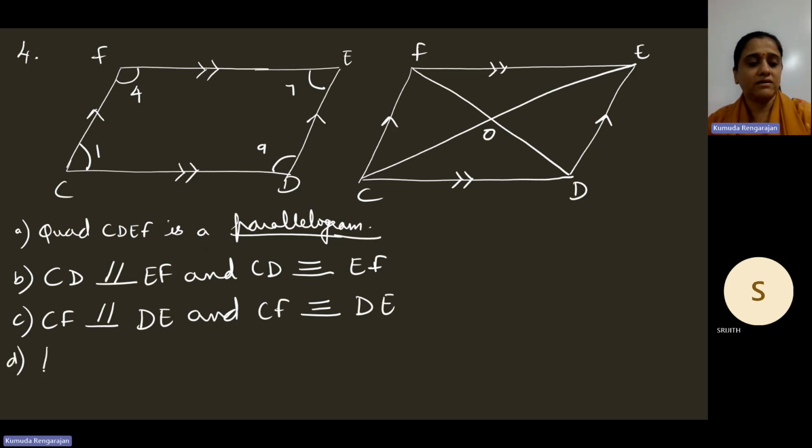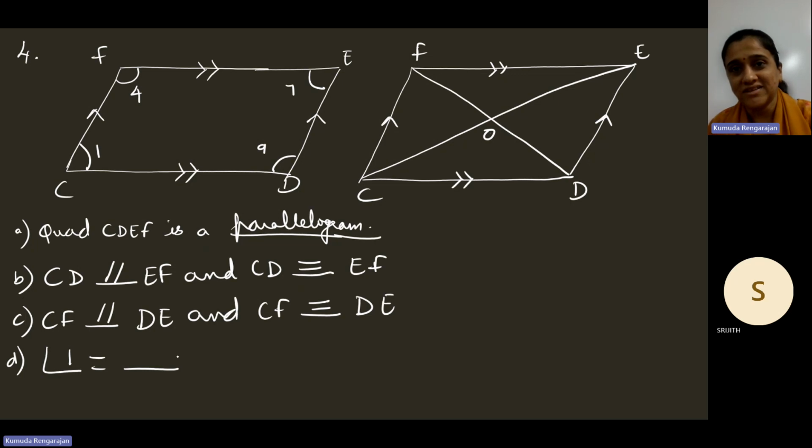Now, angle 1 is equal to... what is the property in a parallelogram? We are talking about angles. Opposite angles are equal. Which are the opposite angles?